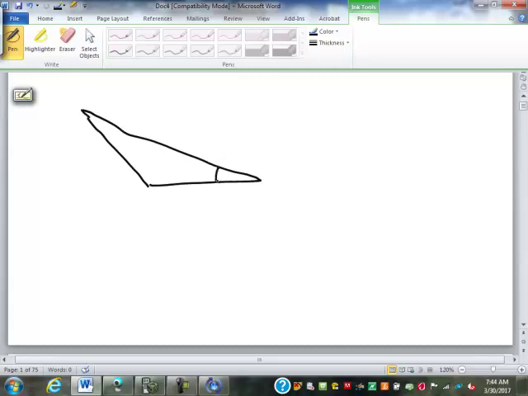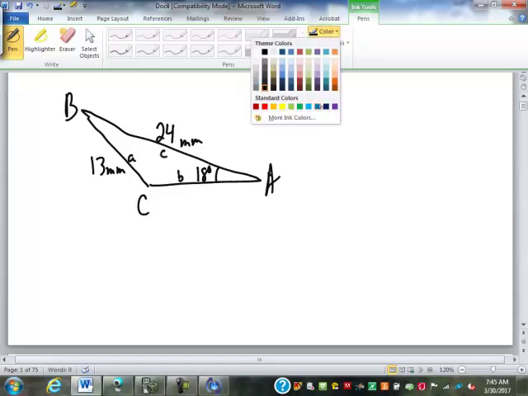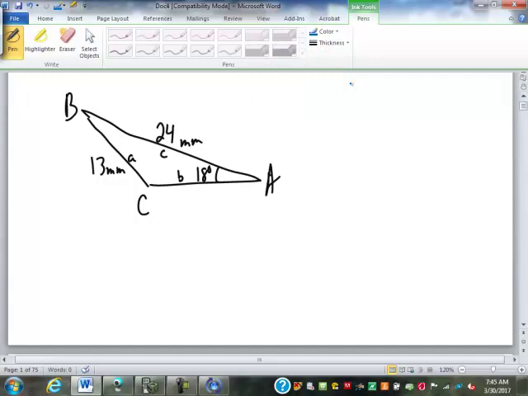So let's say I tell you that this angle here is 18 degrees. That this side here is 24 millimeters, and this side here is 13 millimeters. I'm going to label this A, B, C. We have two sides and an angle, so remember the first thing we have to check is, is the angle opposite one of the sides?